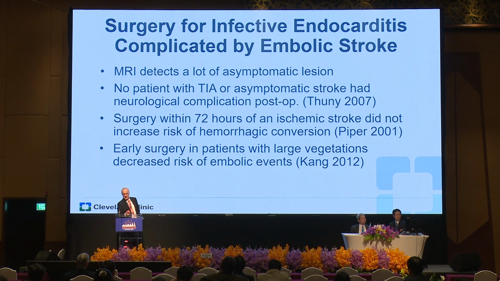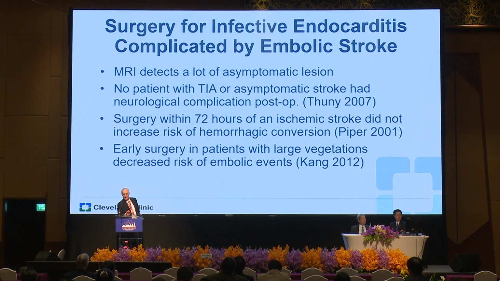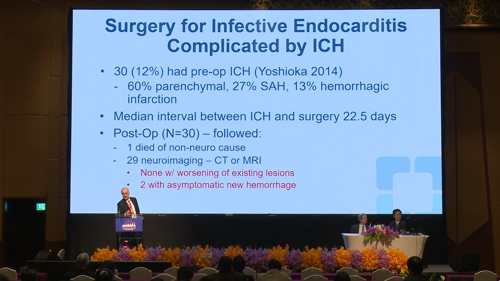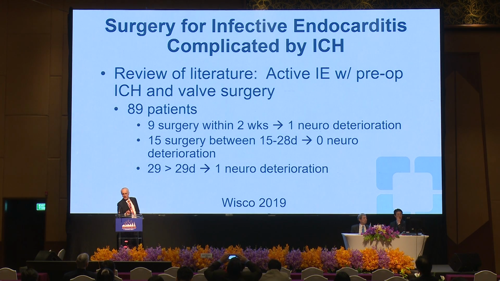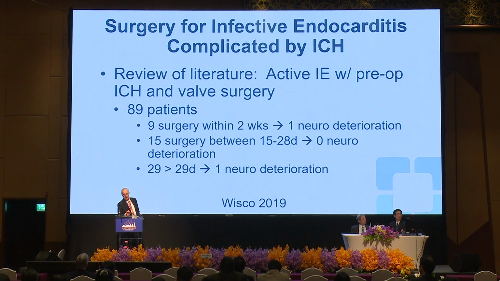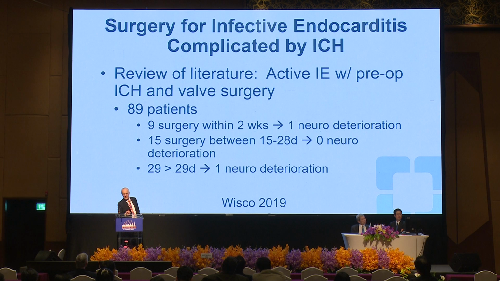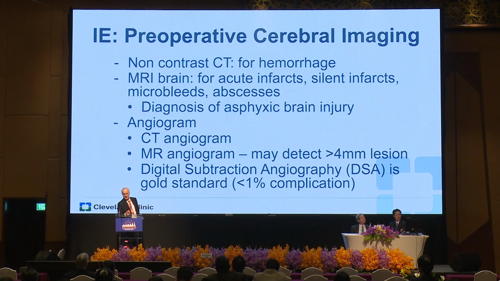And I think there's more evidence now that if you look at this in a sensible way, you should be more aggressive and operate. You saw these data once again, and there is more literature out there to say that the risk of early surgical intervention on the heart is not that bad.